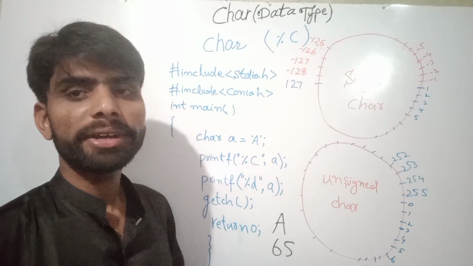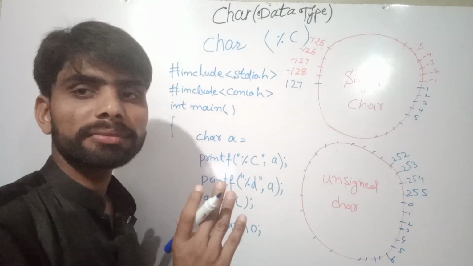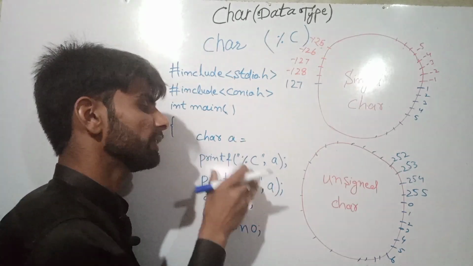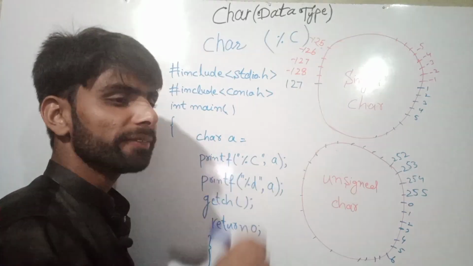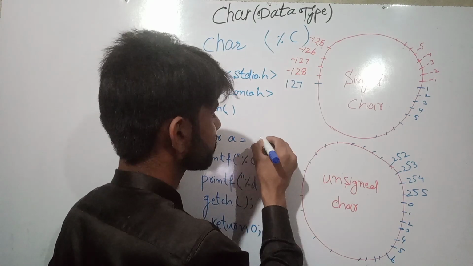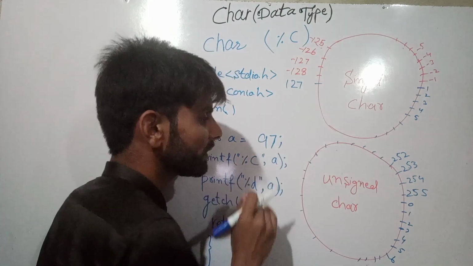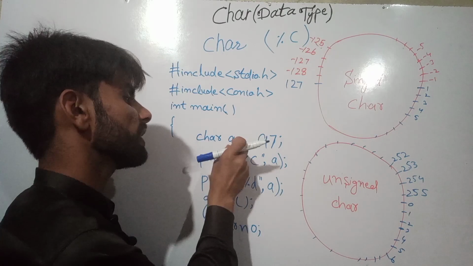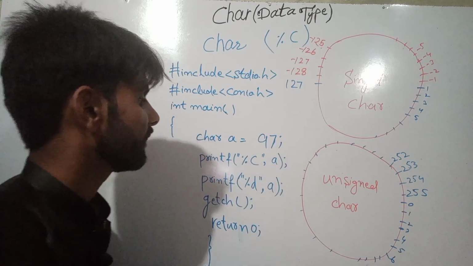Now we will give an integer value and see what will be printed on the screen. I have given this variable the value 97, right?